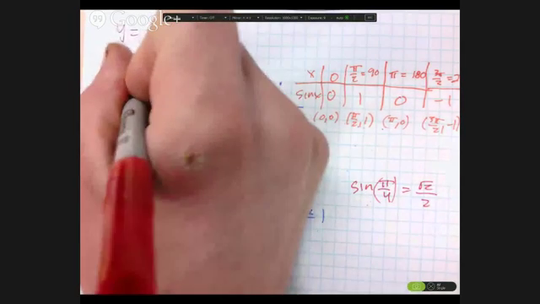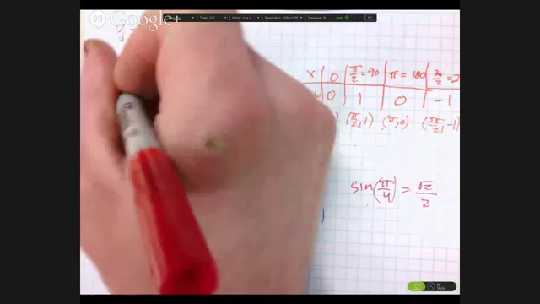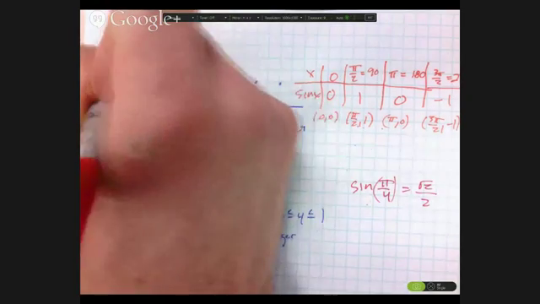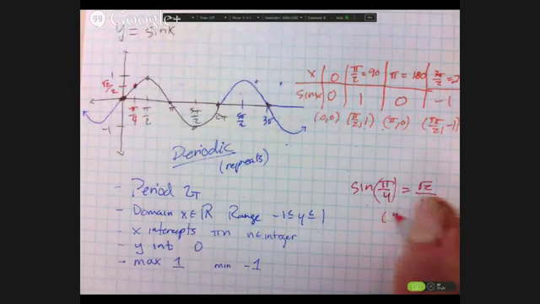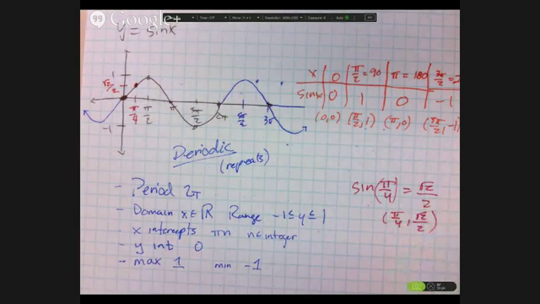And that value is root 2 over 2. So again, we have a point. If you're on your calculator and you hit trace, when you get to pi over 4, you're going to get a decimal. They're going to be equivalent to those. Okay.